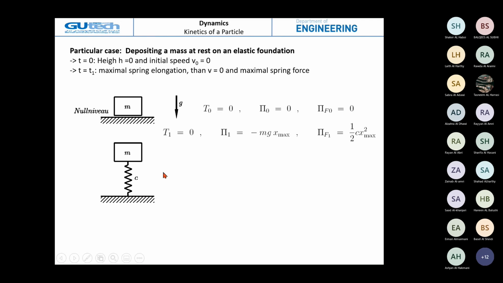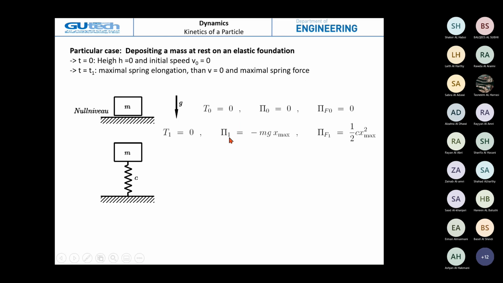Now, if we take the kinetic energy at time t1, that means at the actual or arbitrary state, we said that V will be equal to 0 and the spring force will reach its maximum.